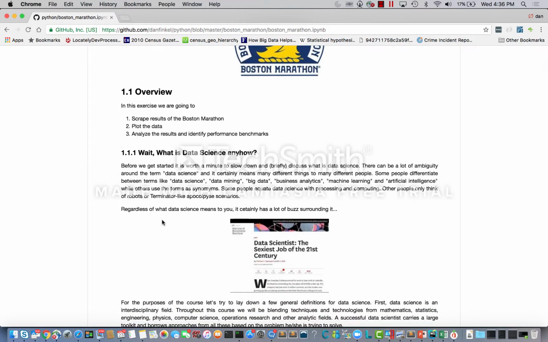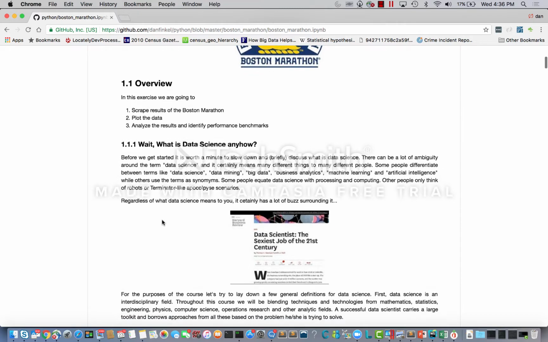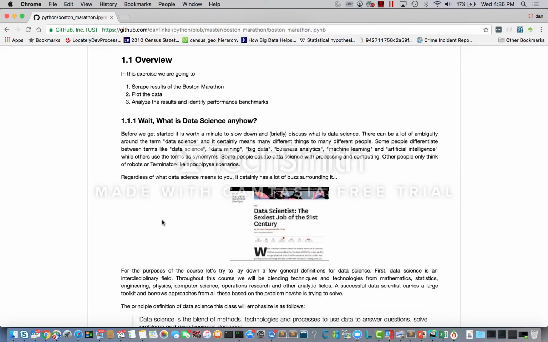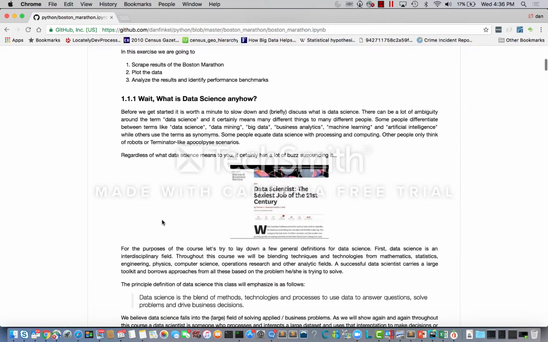Before we jump into that, though, I did want to take a minute and introduce the concept of data science and give you my 2 cents on what I think data science is. Data science is a term that can mean a lot of different things to a lot of different people, and that's entirely okay and fair. It encompasses a large swath of different techniques and capabilities.